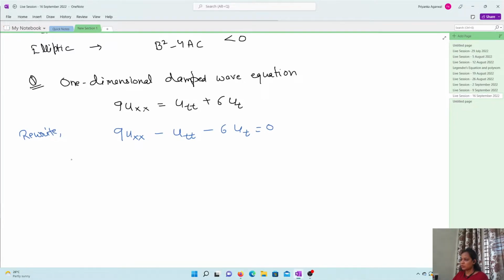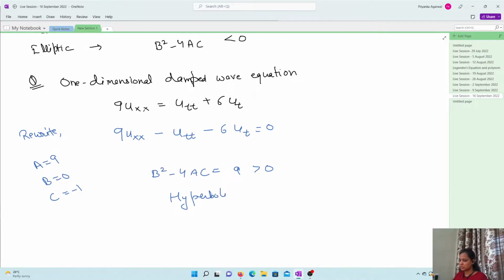The coefficient of uxx is a, a equals to 9, coefficient of uxt, which is 0, and coefficient of utt is -1. Therefore, b square minus 4ac in this case comes out to be 9, which is greater than 0. Hence, this equation is of the hyperbolic type.